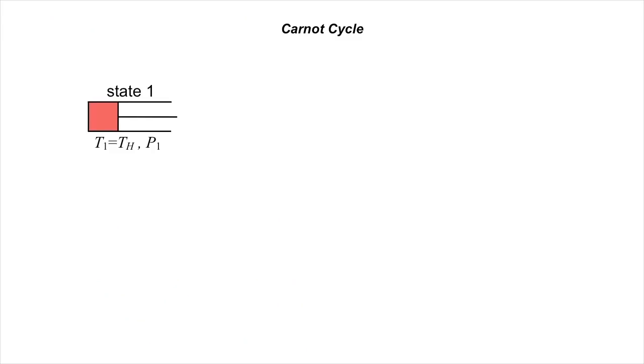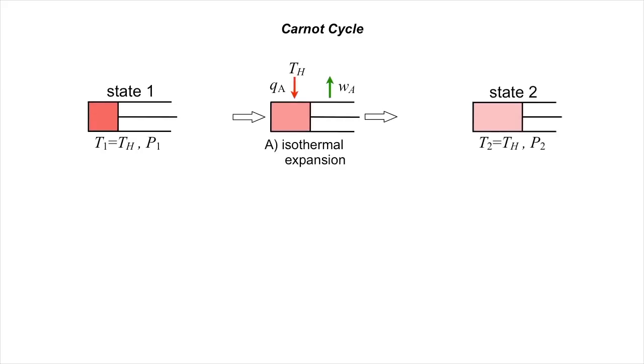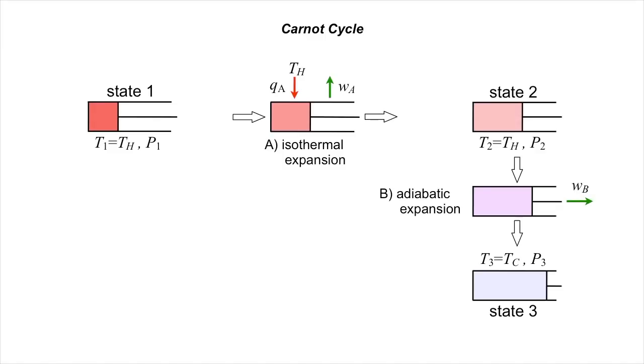Carnot's gas recompression cycle works as follows. Imagine we have a closed piston cylinder assembly with an ideal gas at initial pressure P1, which is in equilibrium with a heat source at temperature TH. In step A, we expand the gas isothermally and reversibly to lower pressure P2, absorbing heat at temperature TH. Then in step B, we continue to expand, producing additional work.